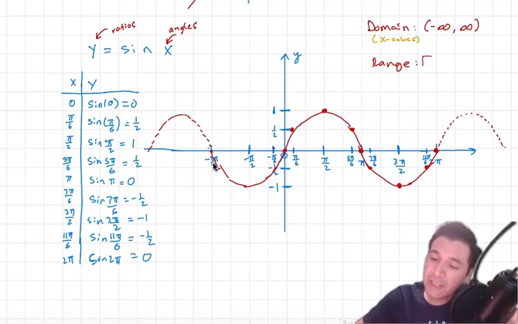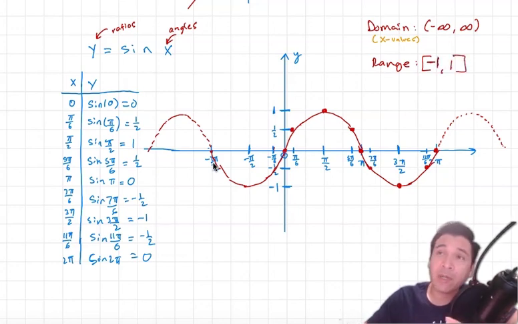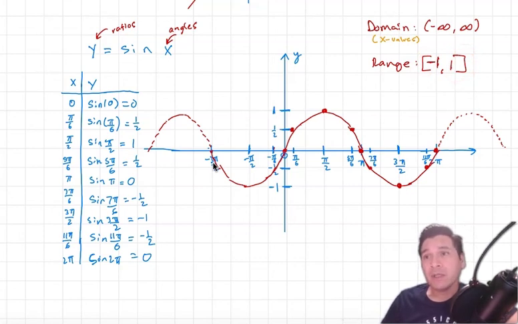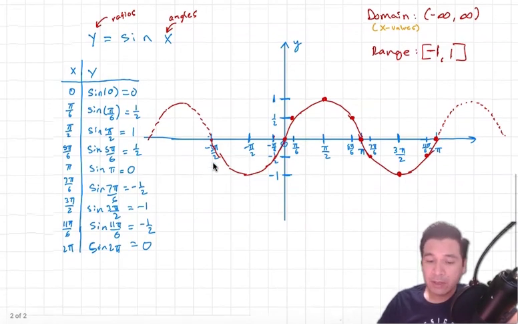To indicate that we are including these numbers in the range, we use brackets instead. So our range is going to be -1 to 1, and we are using brackets to indicate that those numbers are actually in the range. And same thing here, bracket here, because 1 is in the range.